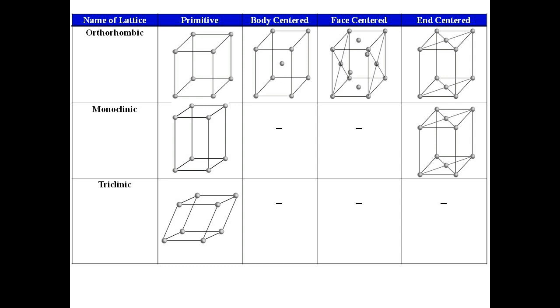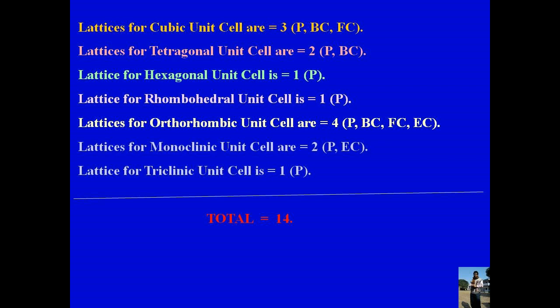Thus, the total number of lattices is 14. The lattices for cubic unit cells are 3: P, BC, FC. For tetragonal unit cells, 2: P, BC.